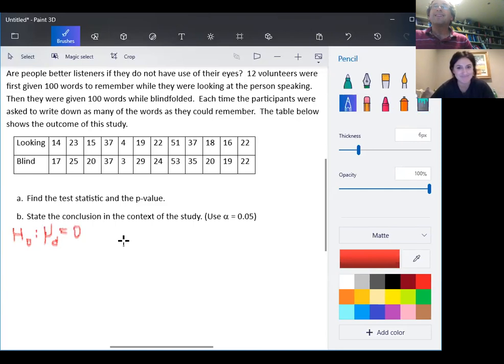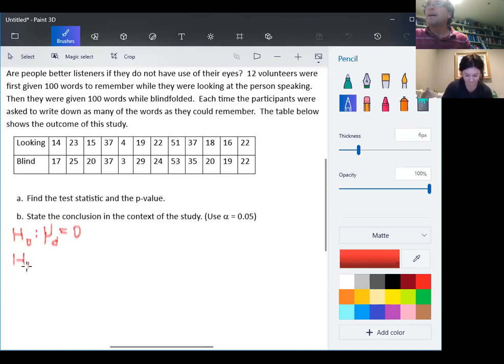Dependent? Good try. Difference. It's the mean difference between the blind and the looking. Does that make sense? And 0, because if they're the same and you take the difference, what do you get? 0, right? You take a number and subtract the same number, you get 0. Math makes sense, but again, this is new, so I didn't expect you to know for sure.